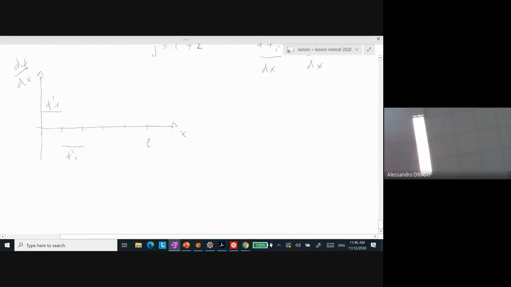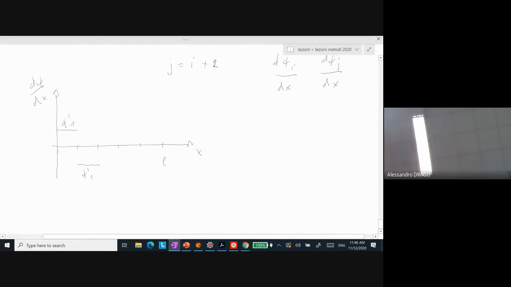Looking at the little drawing, this is phi 1, and it overlaps with the derivative of phi 2, which is something like this, phi 2 prime.